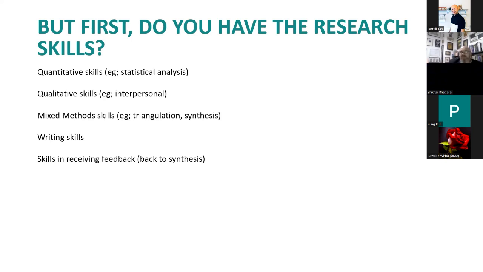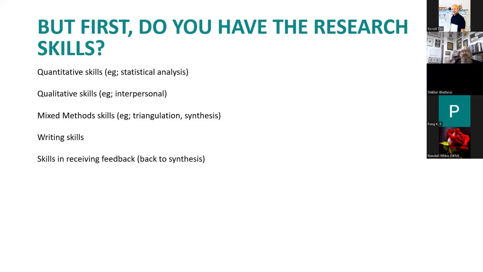The fourth skill is writing skills. The writing for a mixed methods approach is going to be a little bit more complex than if you use a mono method approach, a singular method, because not only do you have to explain the method, you have to explain the interrelationships.